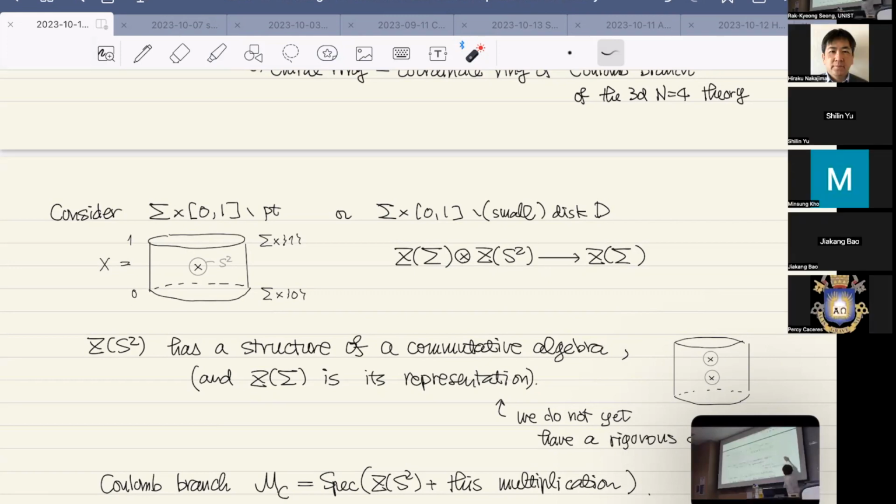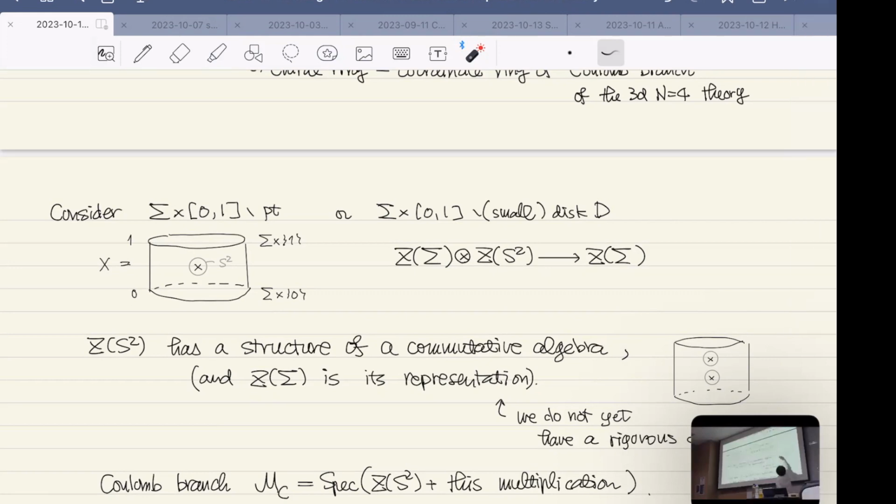So you put the boundary in the middle. You put sigma times half at the middle. Then if you have an element in T of S here, you have an operator from the middle. If you have another element in T of S here, then you have the composite operator.